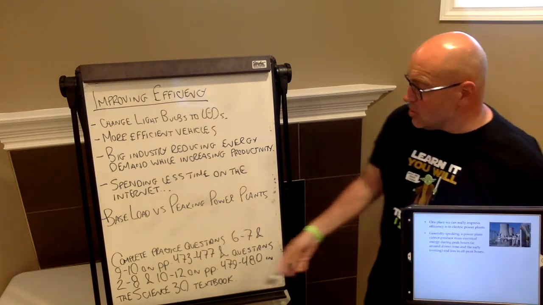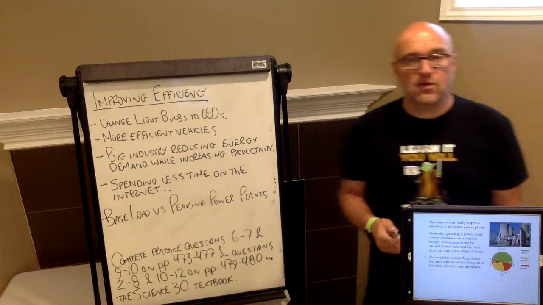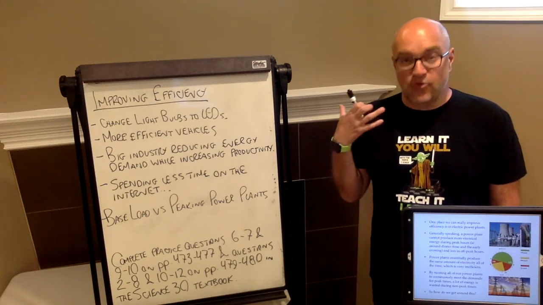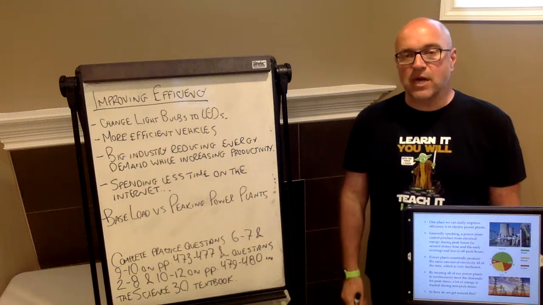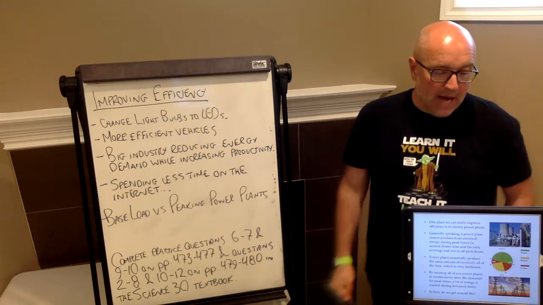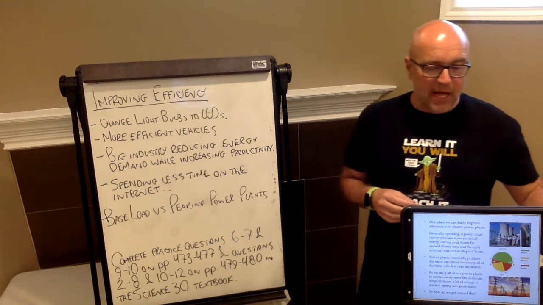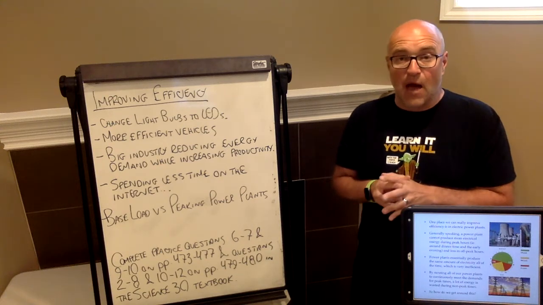One other thing we can do is increase the efficiency of our electrical power plants, the sources of our electrical generation around the world. Generally speaking, power plants cannot produce more electrical energy at peak hours.